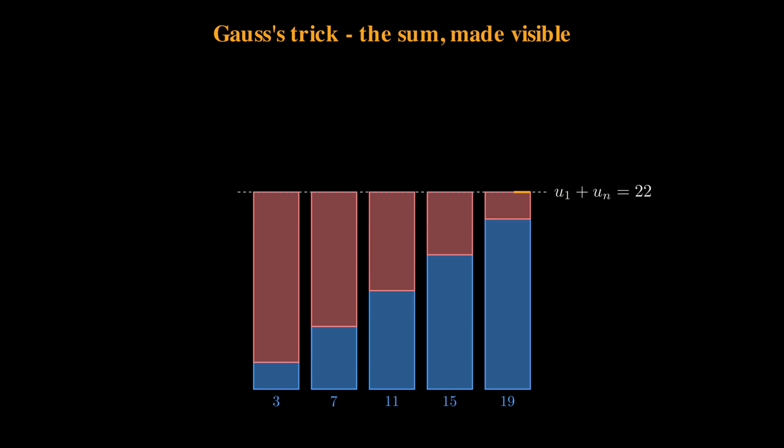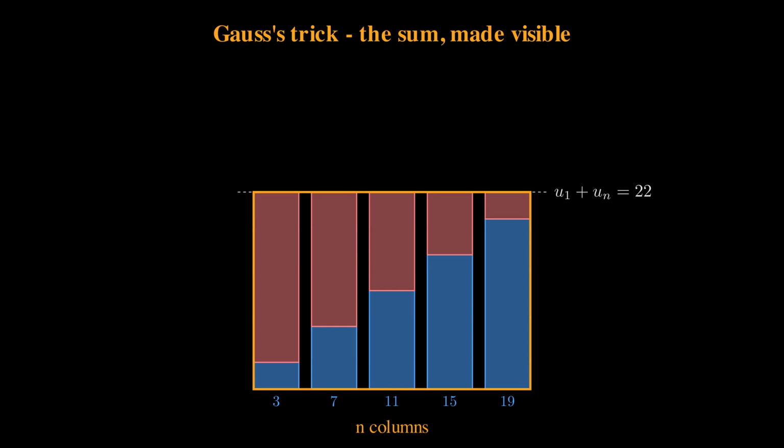Every column is u1 plus un. The first term plus the last, which here is 22. We've built a perfect rectangle. n columns wide, u1 plus un tall. Its area is n times that height. But that rectangle is 2 copies of our series. So the area is twice the sum.